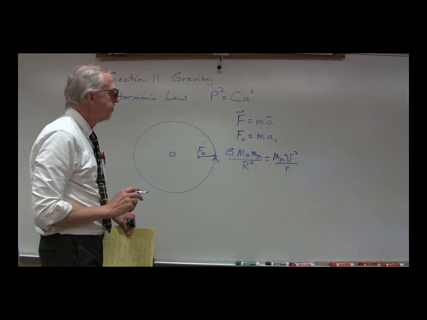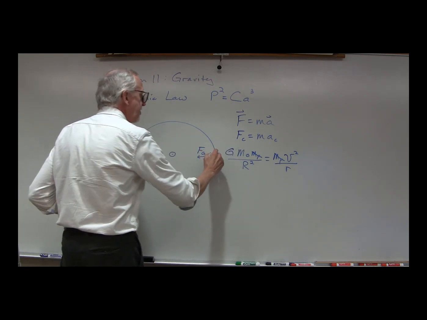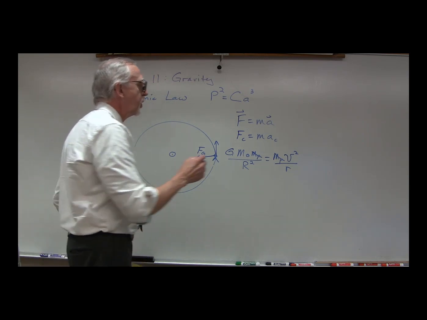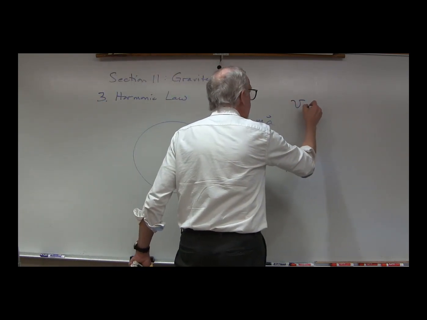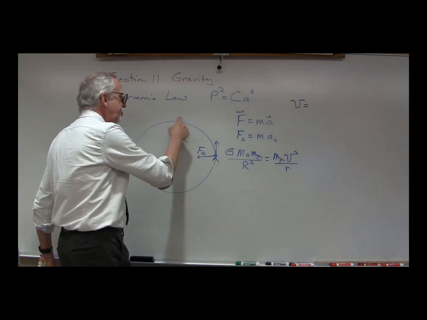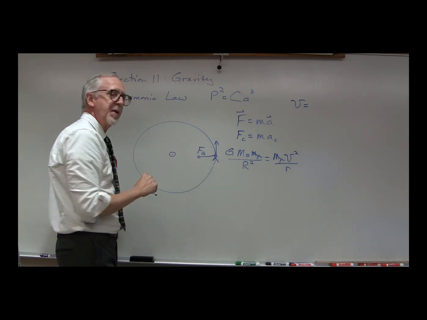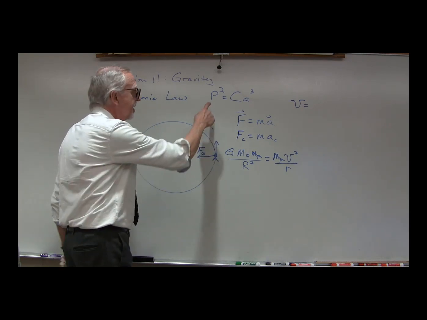Now, what is v? v is the velocity or the speed of the planet as it goes around in the circle. So we know that v is equal to the distance traveled in one revolution, that would be 2 pi r, in the amount of time, which would be P, the period.